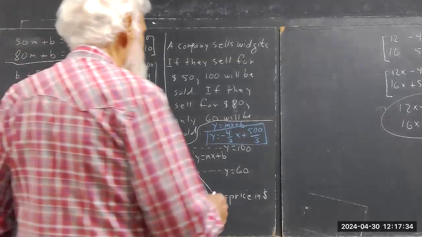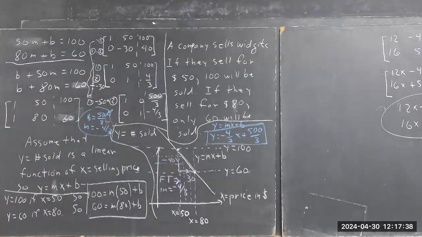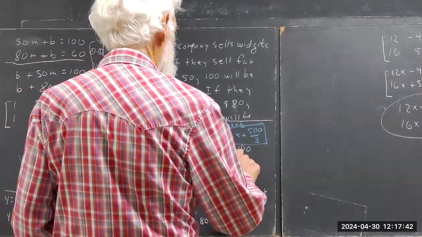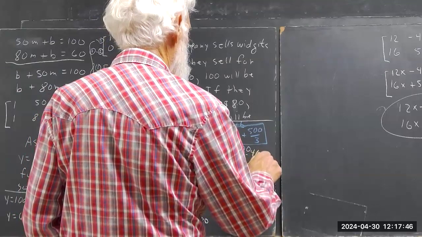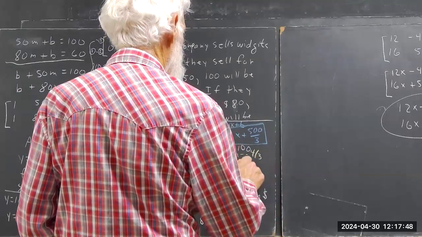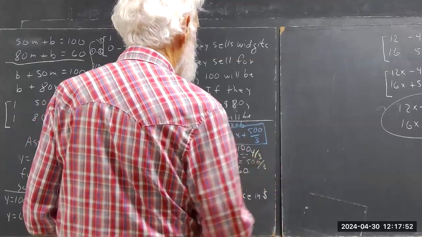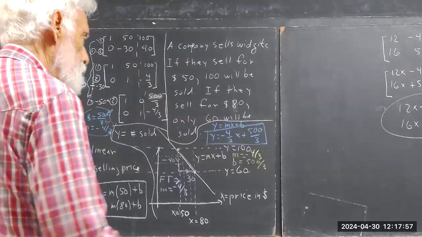Okay. So y equals mx plus b. M equals negative 4/3, b equals 500/3.